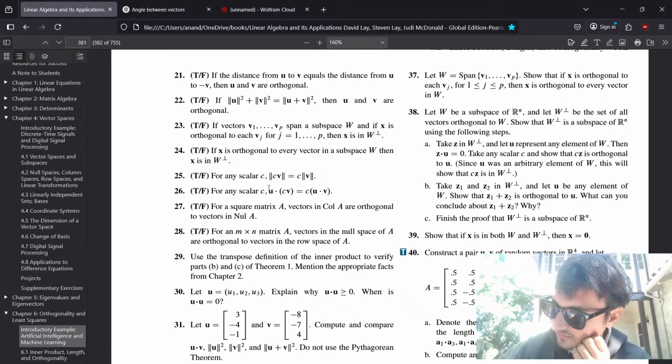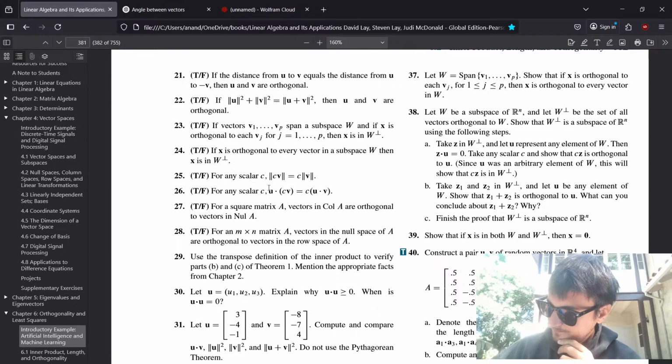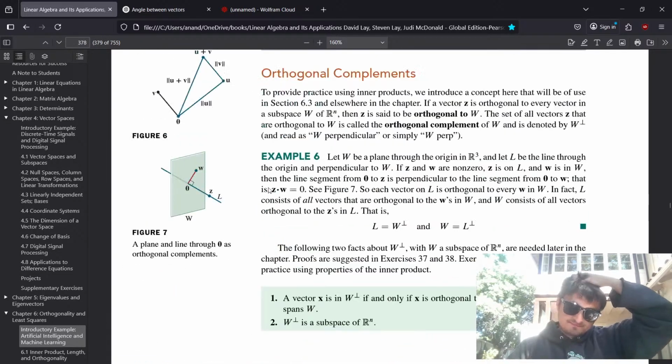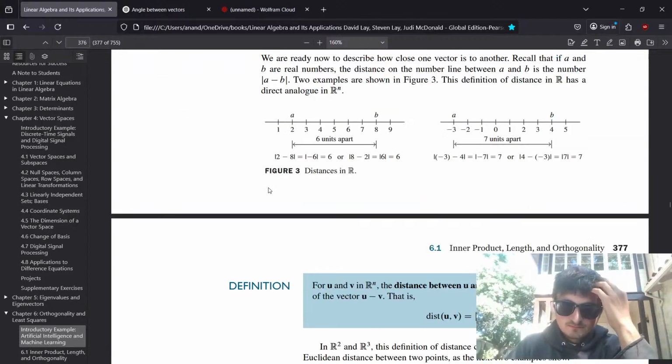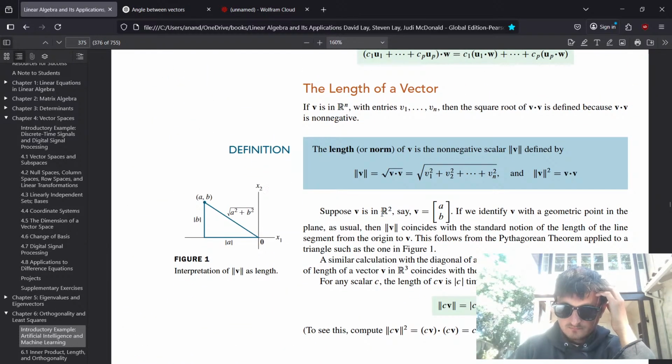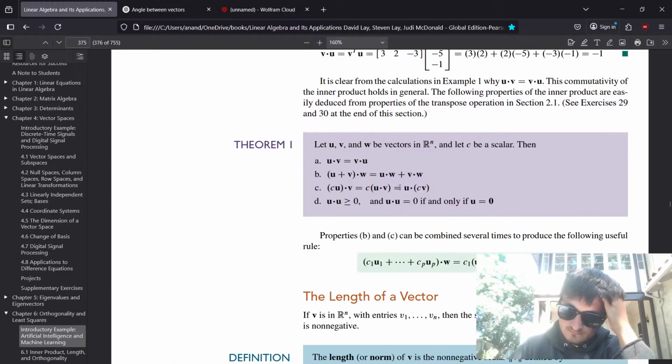Now, if we pull out the minus 1, I think that's true. Is that in the theorems, though? Oh, yeah, it's in the theorem.